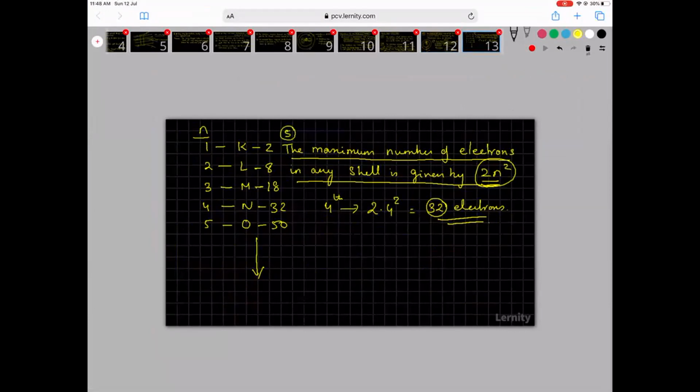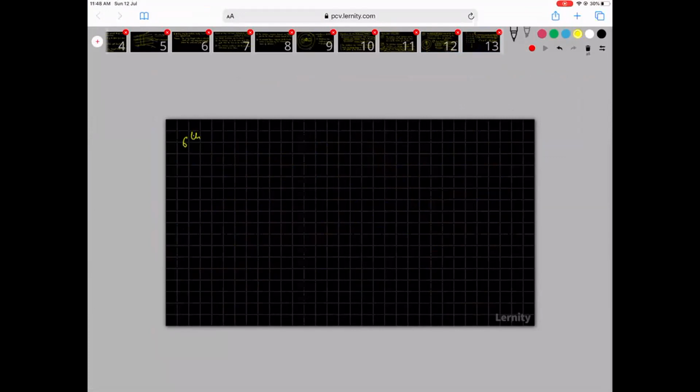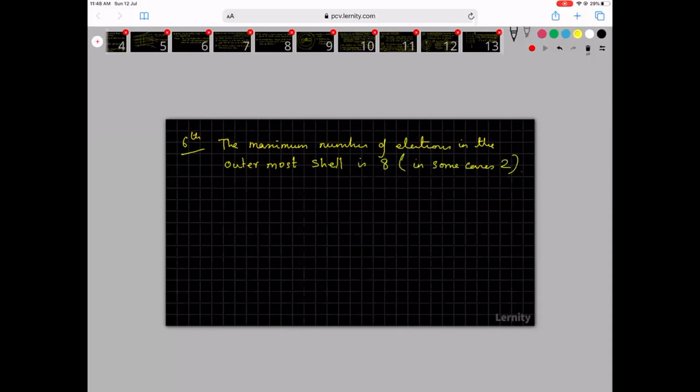Next, the sixth point is that the maximum number of electrons in the outermost shell is 8. In some cases 2.